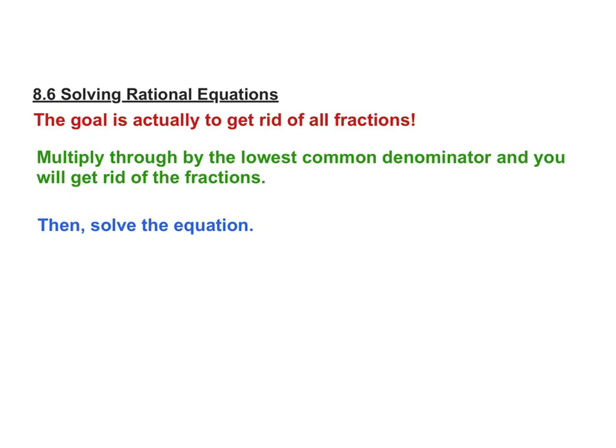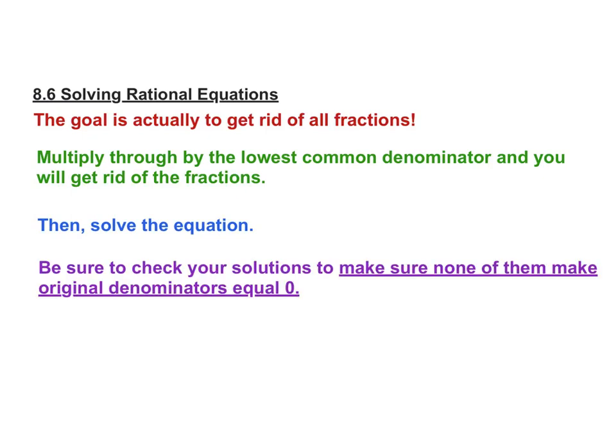Because we have to throw those answers out. Okay? So that's the only thing you have to check for. You go through and solve it, and you just want to make sure that none of those solutions that you came up with will turn the original equation's denominators into 0. Because as we know, you can't divide by 0 because that's undefined.